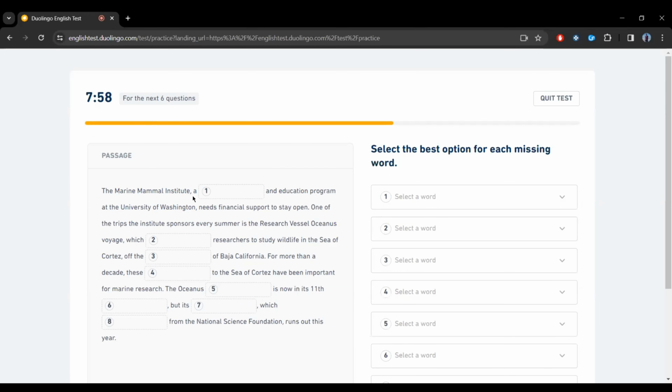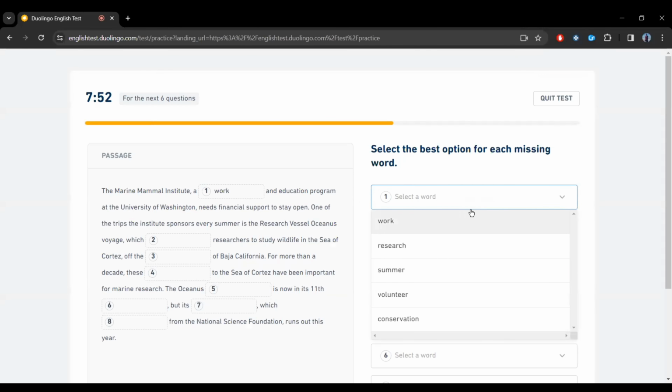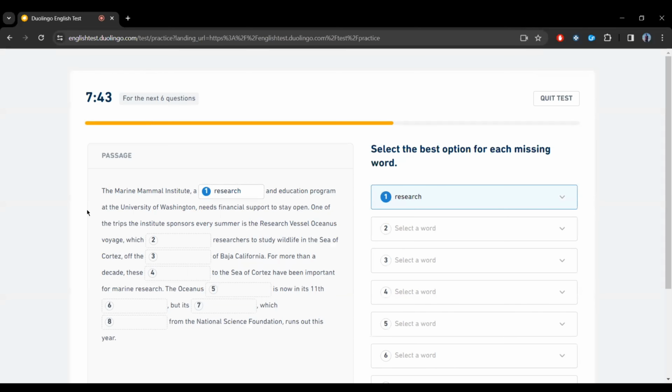The Marine Mammal Institute, a research and education program at the University of Washington, needs financial support to stay open.